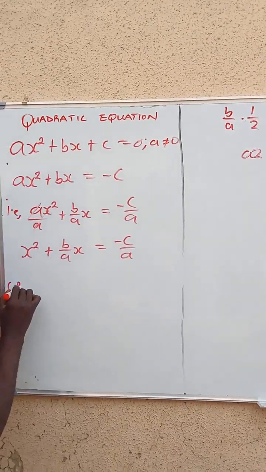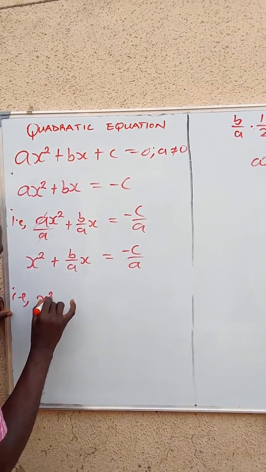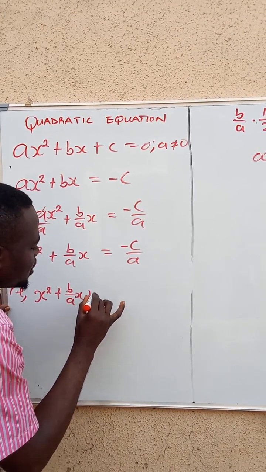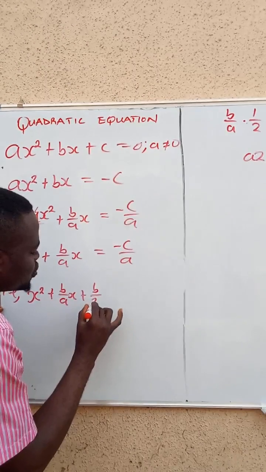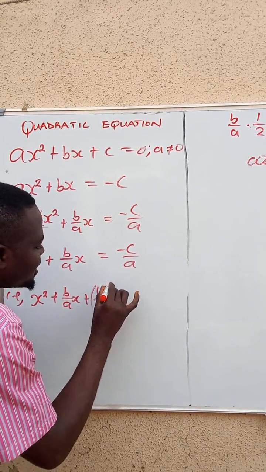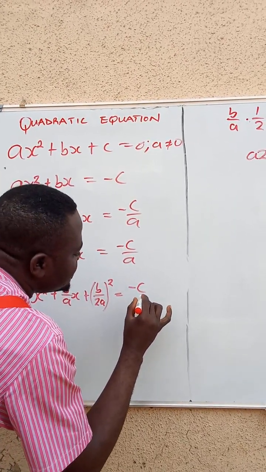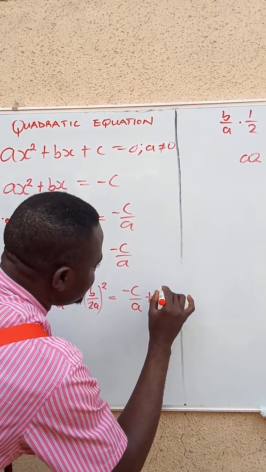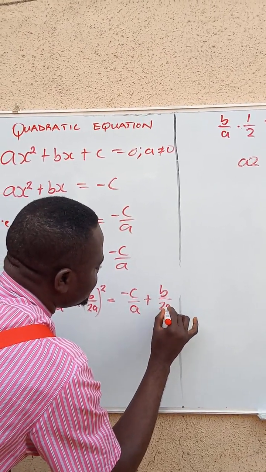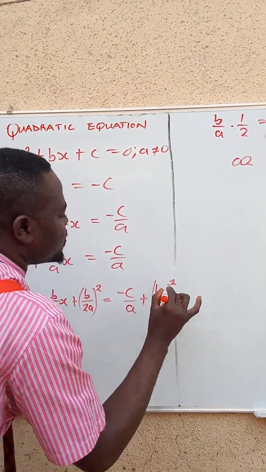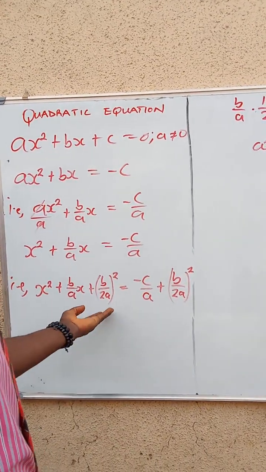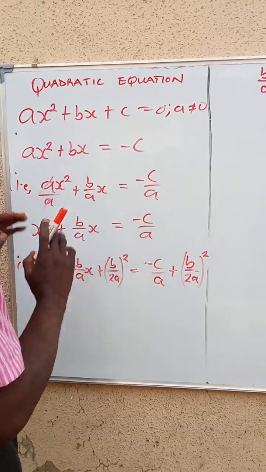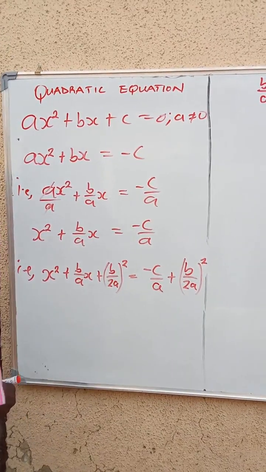That is x squared plus b over a x plus b over 2a all squared is equal to minus c over a plus b over 2a all squared. Now I've added to both sides of the equation, the left hand side and the right hand side, just as the procedure says.